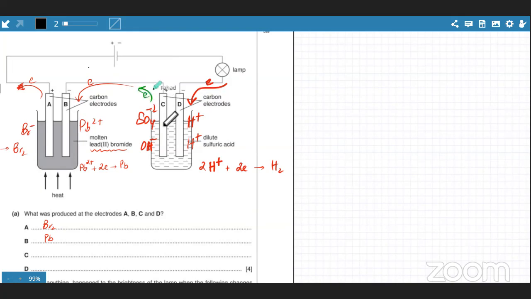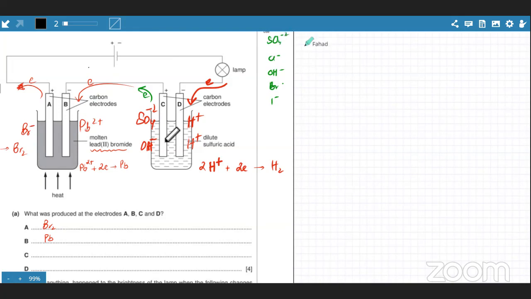The battery is taking away electrons, the positive side is pulling electrons. One of the two has a higher tendency to lose electrons. How do you figure out which one? There's a series at the anode that has to be remembered, and that is this one.